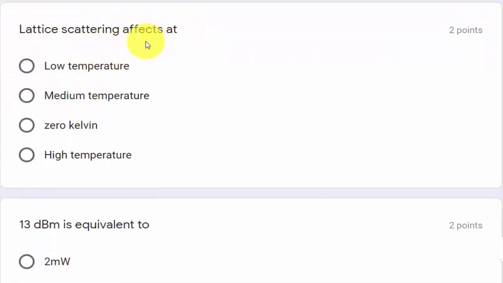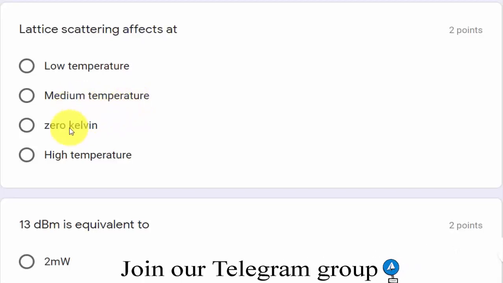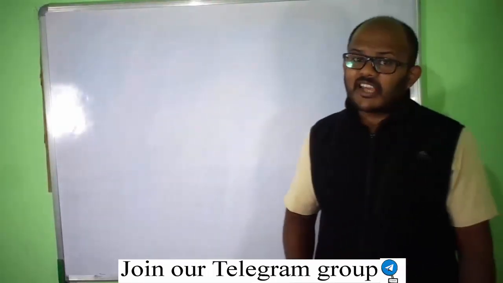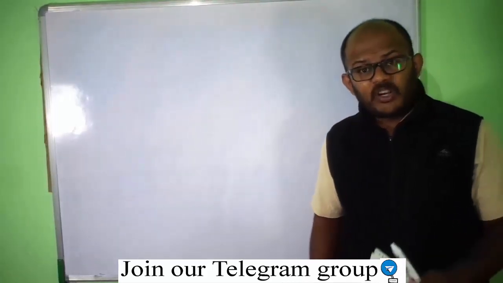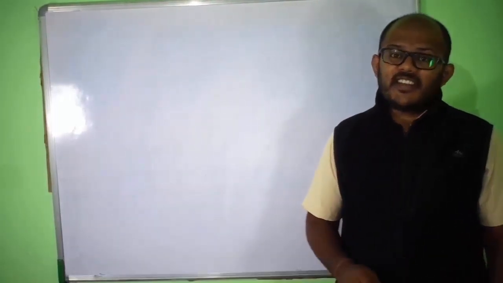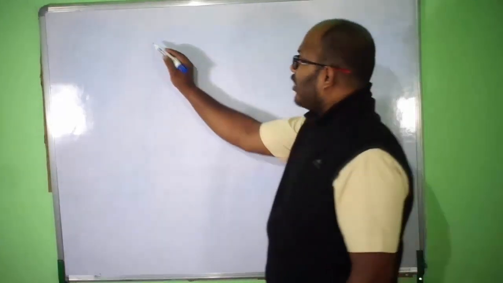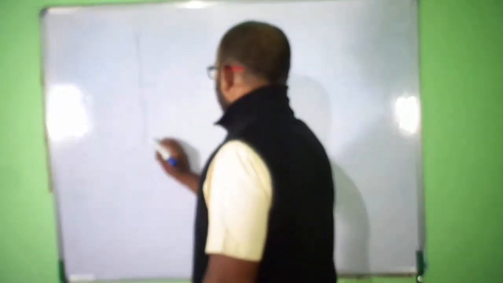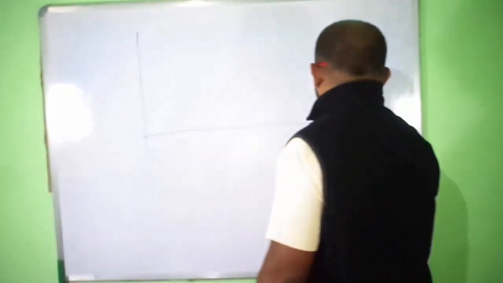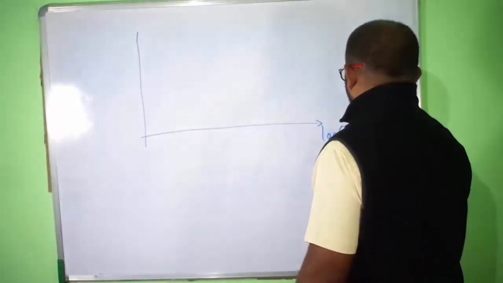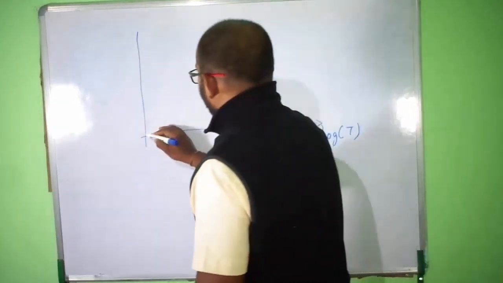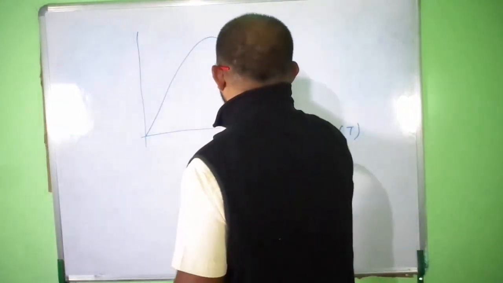Lattice scattering effects at low temperature, medium temperature, 0 Kelvin and high Kelvin. If I am talking about scattering or loss, you will have two types of scattering. The first one is impurity scattering and the second one is lattice scattering. With respect to temperature, if you plot with respect to log of temperature, you will get a curve something like this.